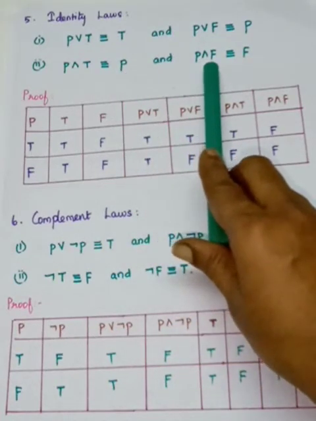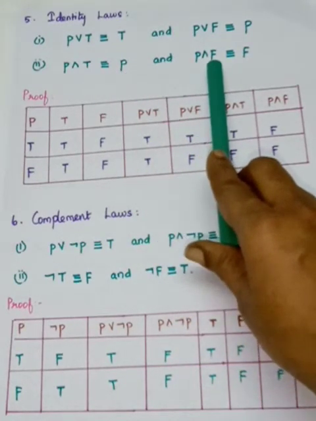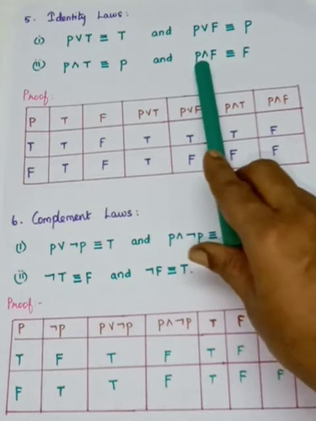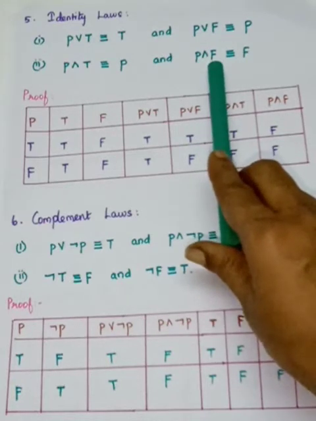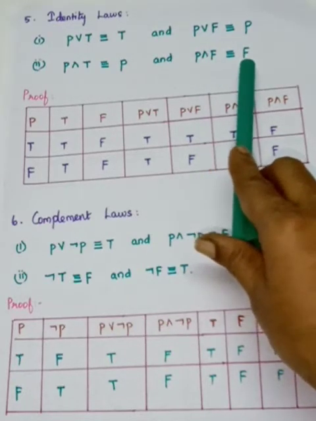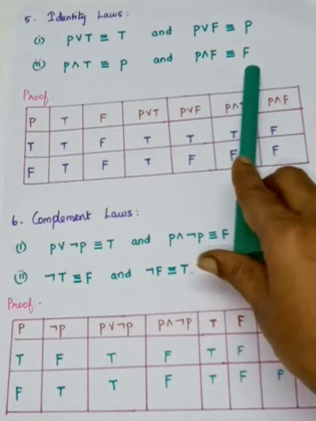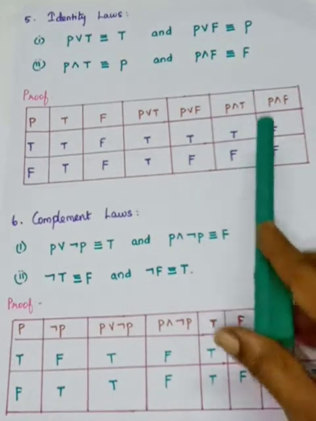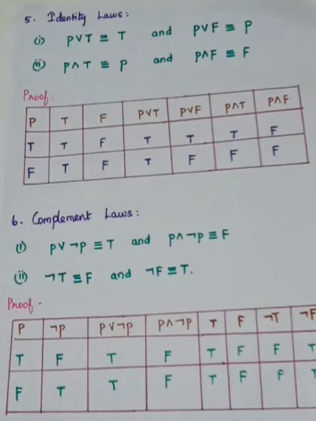P and F: you see that F comes, and what does AND mean? Only if both are true is it true. Here you have one F, so it is false. Therefore P and F is logically equivalent to F. This is called the identity laws. The truth table is here.